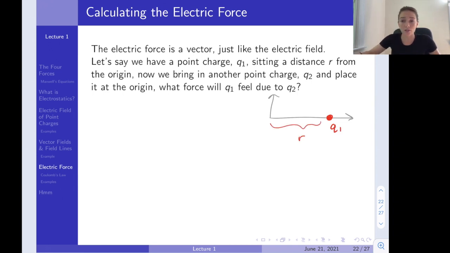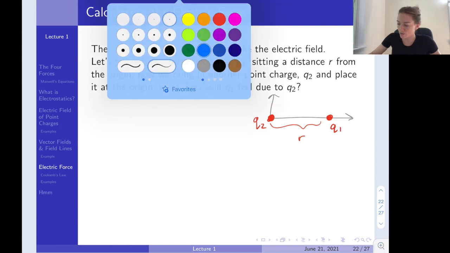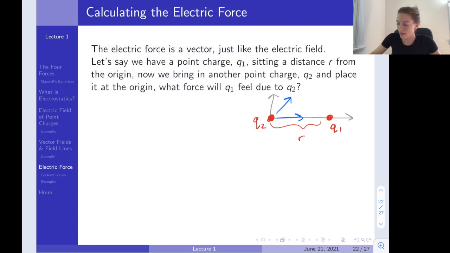Now we bring in another charge, Q2, and place it at the origin. So this is charge 2. We want to know what force will Q1 feel due to Q2. So that means what force will this charge feel due to the electric field created by this charge. So this charge we know is going to create an electric field that points outward. And since they're both positively charged, you can guess that this charge is going to feel a repulsive force in the positive x direction, pushing it away.